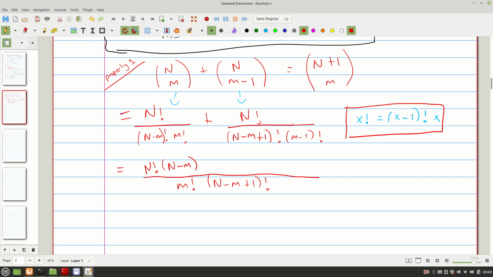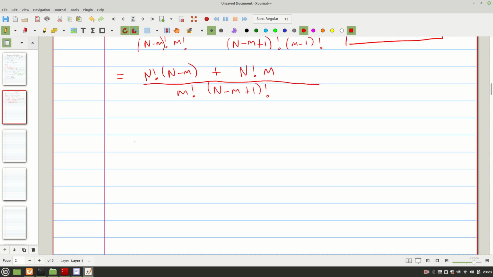So that's the property we're using here: x factorial divided by x minus 1 factorial. Instead of x, just substitute n minus m, and you'll find the same answer. And then we do the same on this side, and we get plus n factorial times m.